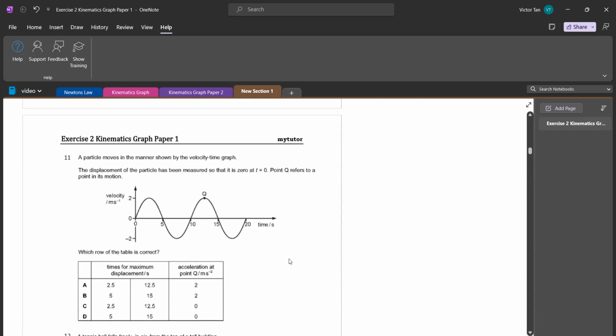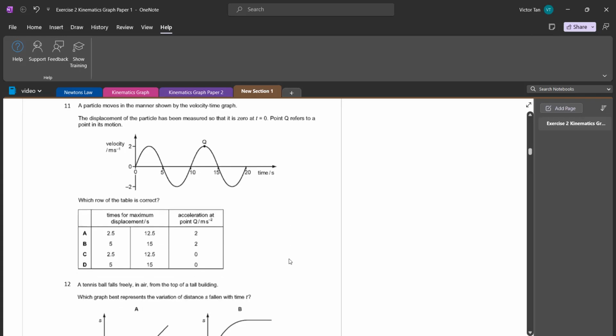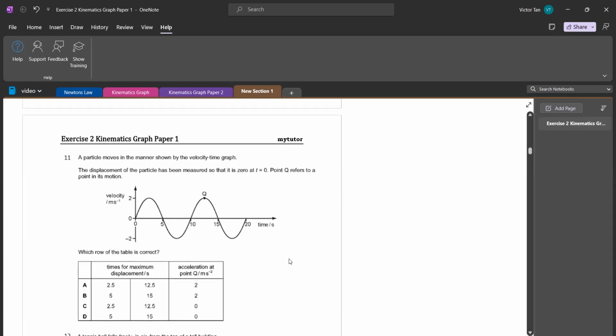A particle moves in the manner shown by the velocity-time graph. The displacement of the particle has been measured so that it is 0 at time t equals 0. Point Q refers to a point in its motion. Which row of the table is correct? Time for maximum displacement: the maximum displacement is either at 5 or 10 seconds.